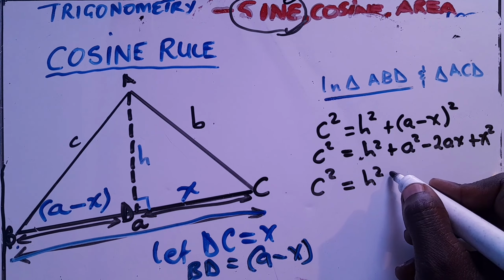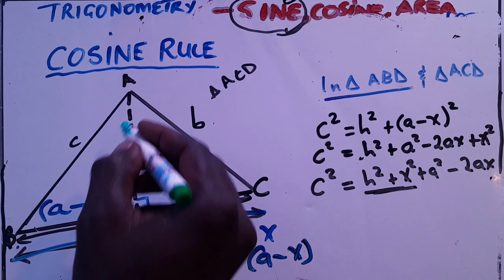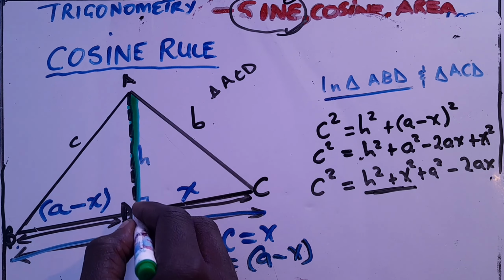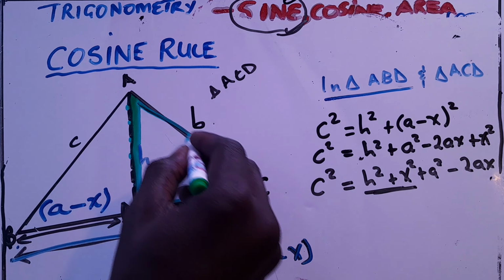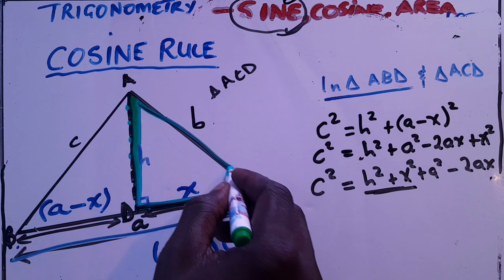But again, in our triangle ACD, we can see that our B squared is the same as our X squared plus our H squared.